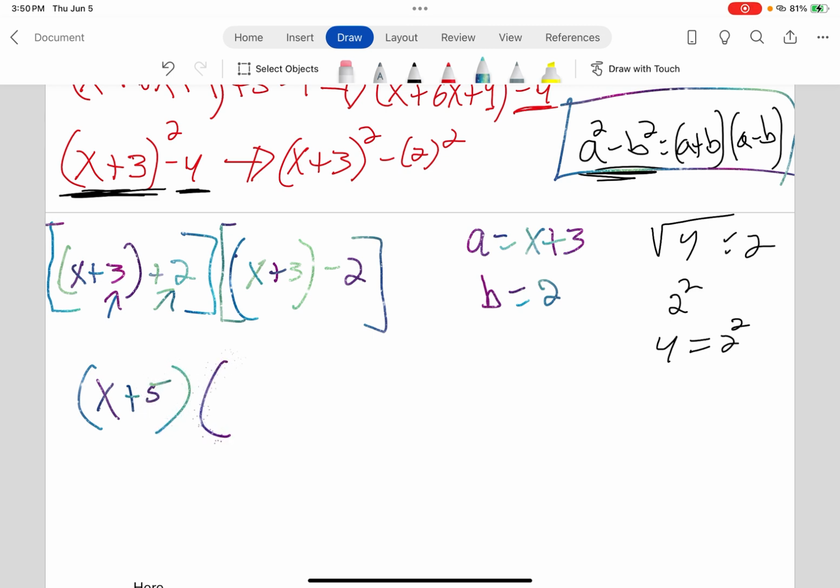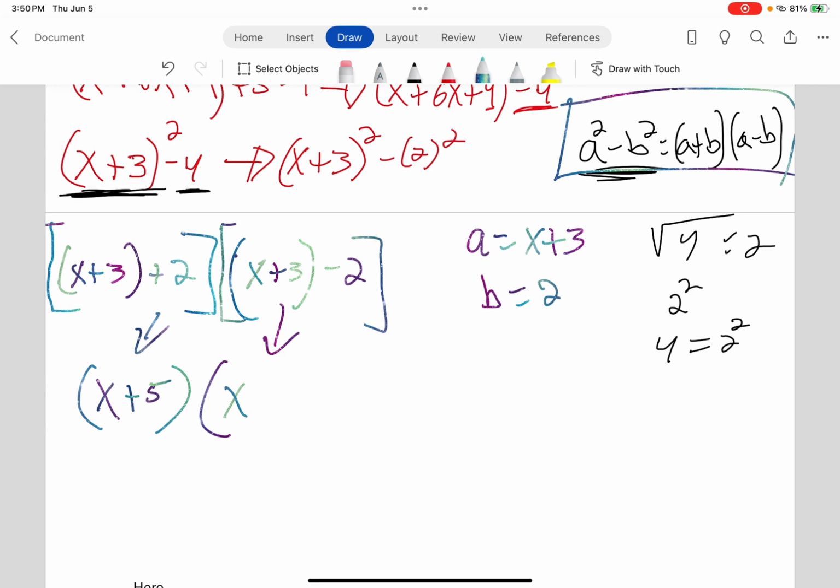And then in the other factor is the same process. The difference here, and you can see there is the x, we bring the x, and then positive 3 minus 2.